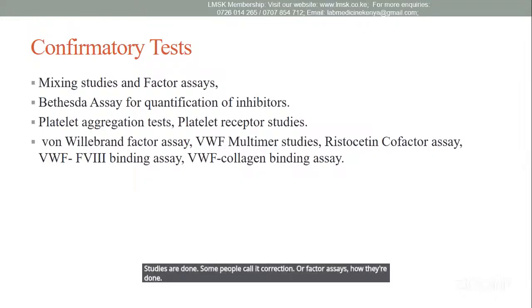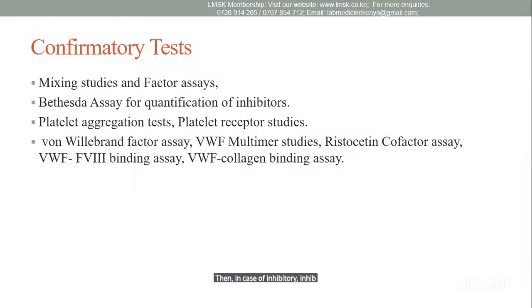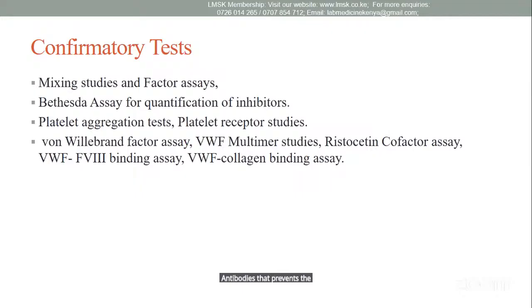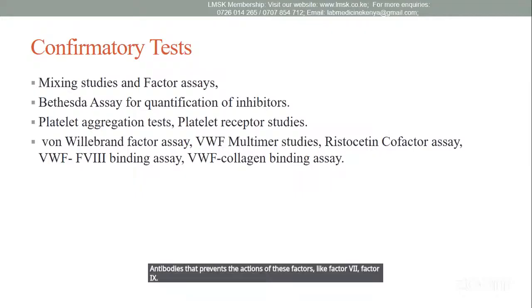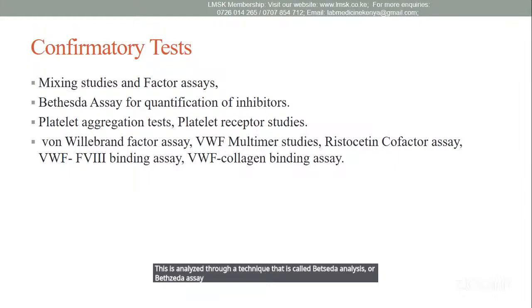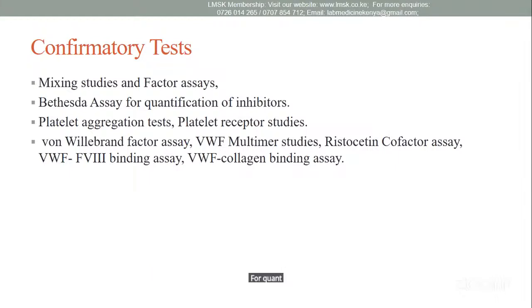Then in case of inhibitors, your immune system has developed antibodies that prevent the actions of these factors like factor 8, factor 9. This is analyzed through a technique called the Bethesda assay for quantification of the inhibitors.